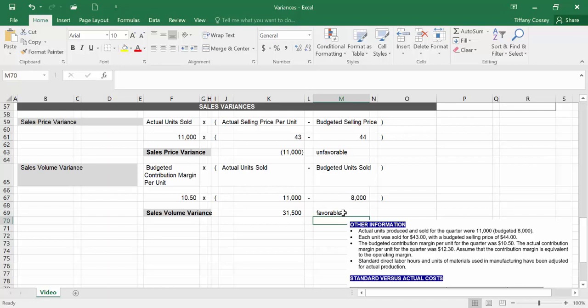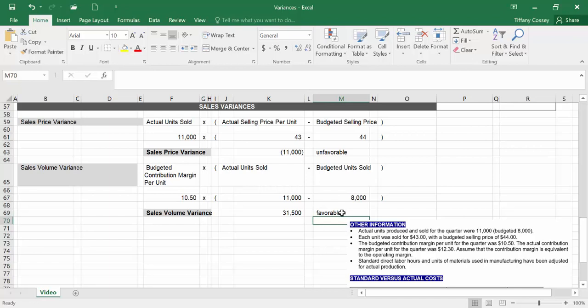It has nothing to do with the selling price. This one has to do with the fact that we sold more units than we had budgeted for. The earlier variance that we looked at, the sales price variance, was unfavorable due strictly to selling price. In that one, we sold it for less than we thought we would. Here, we sold more units than we thought we would.